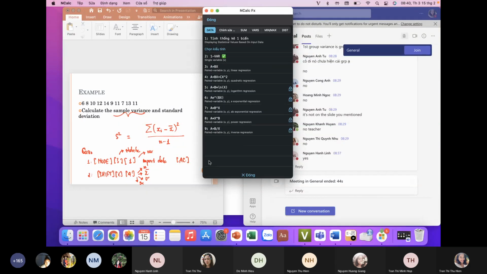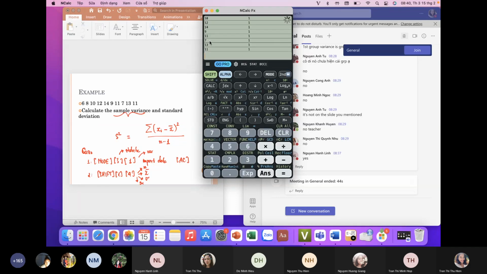Statistics for one variable: display statistic values based on input data. So here, I will choose the first one. You can see that here I have all the values that I want.